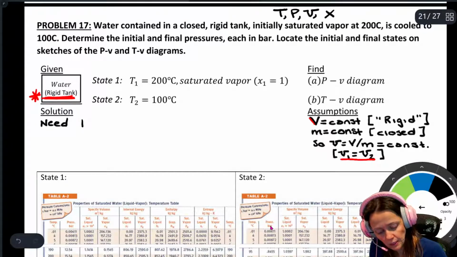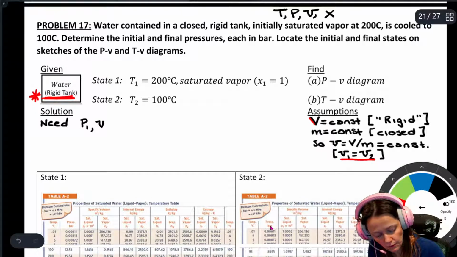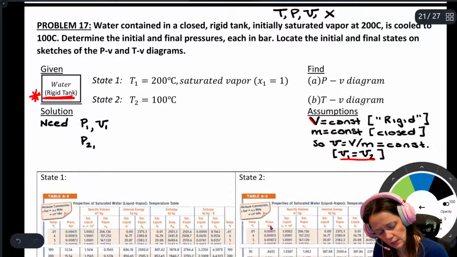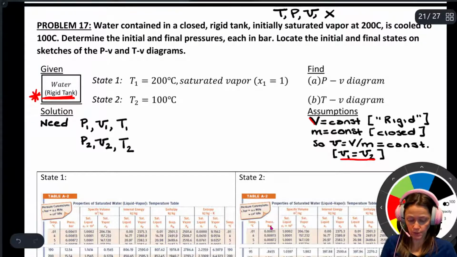On a PV diagram, you need P1, V1, and P2, V2. And then on a TV diagram, you're going to need T1 and V1, T2 and V2. So I need all of those things.